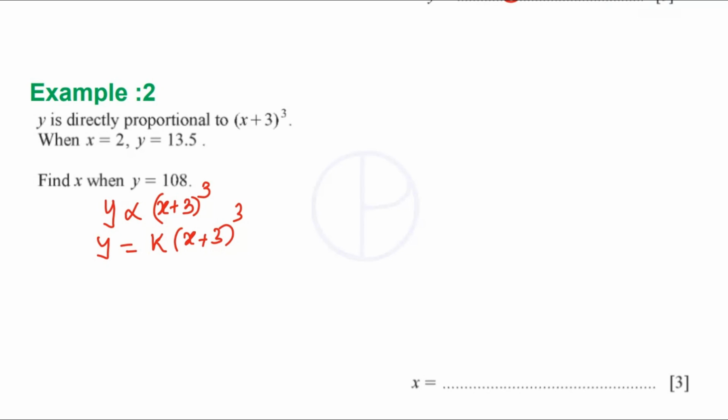When x equal to 2, y is 13.5. Substitute that to find the value of k. 13.5 equal to k times 2 plus 3 the whole cube. So what is k? 13.5 divided by 2 plus 3 is 5. 5 cube is 125.